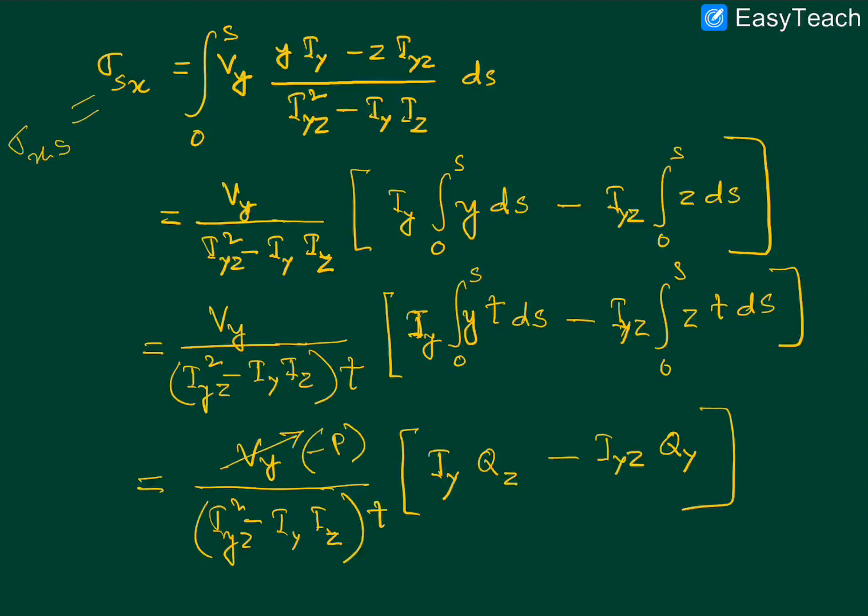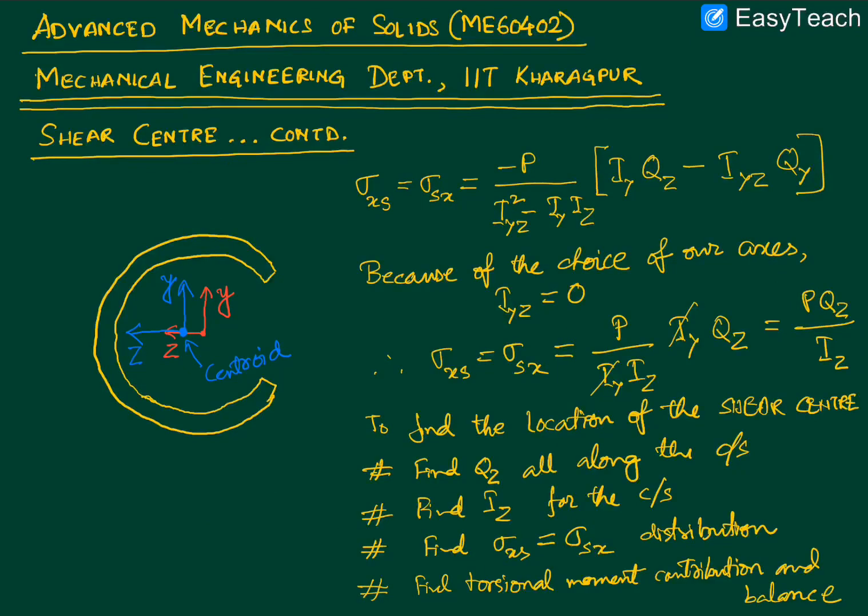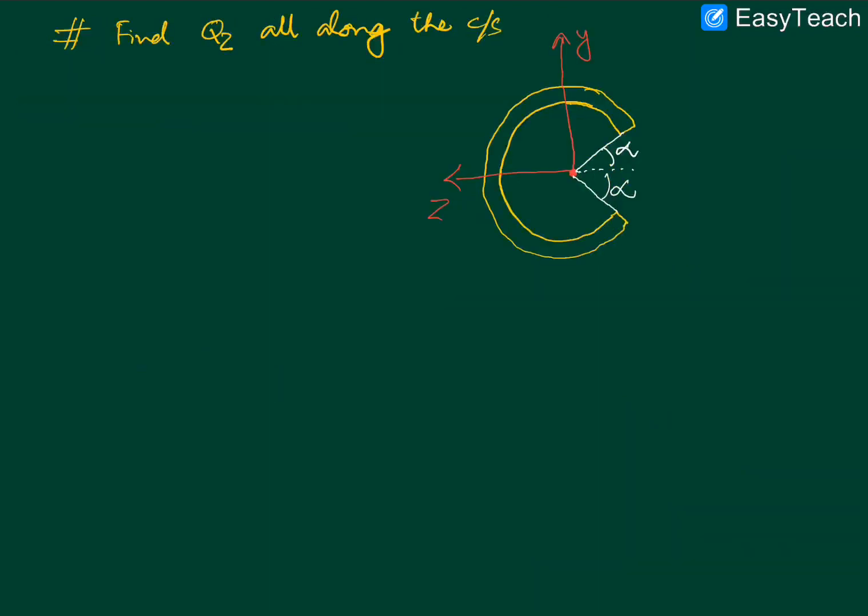So let's repeat that and calculate it in the context of this specific cross section. So QZ will be equal to, let's just write down the formula, y tds.